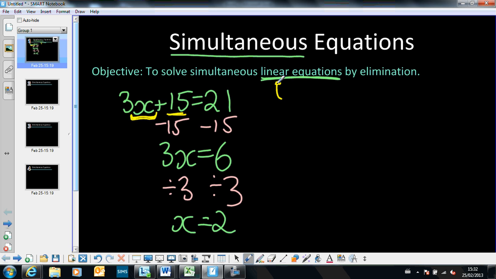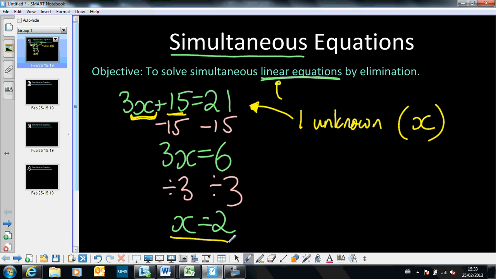Okay, so if we're talking about simultaneous equations, it means we're going to have two things happening at the same time. You can have 3 or 4, but we're just going to look at 2 simultaneous equations at the same time. So this linear equation, which is not simultaneous because there's only one of them, has got one unknown, x, the thing we didn't know, although obviously I found out what it was, and one equation.